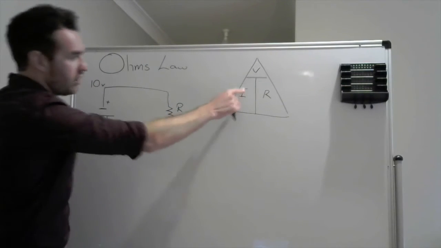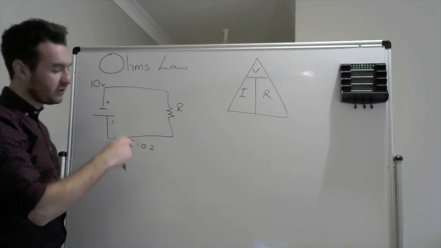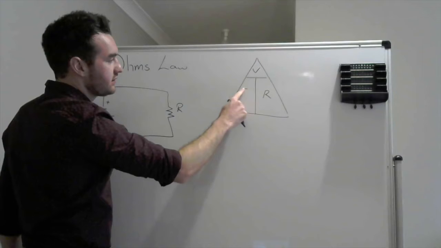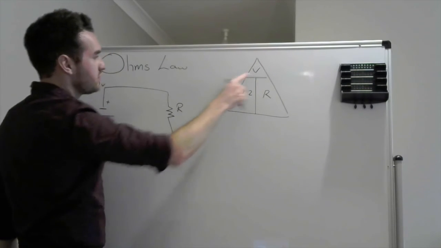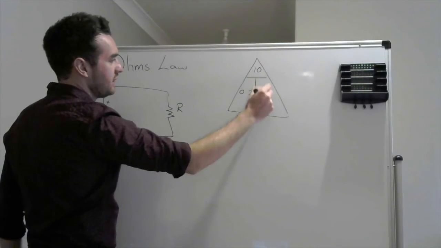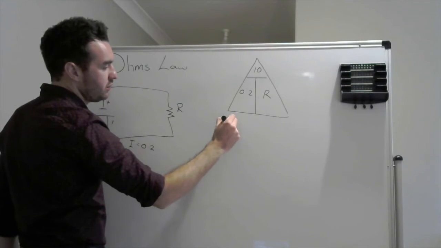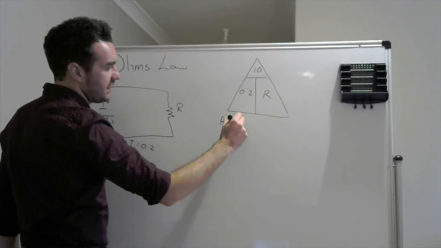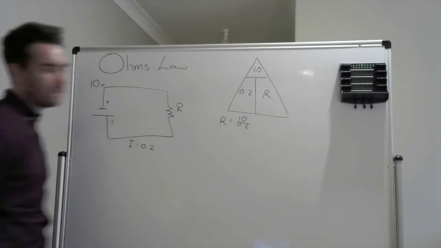Well, if we look at our triangle, if I rub out these letters and replace them with the numbers, so I is 0.2, volts is 10, then if I write this out another way, R equals 10 over 0.2.